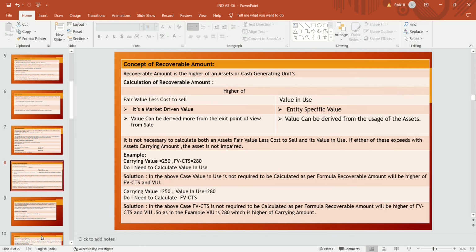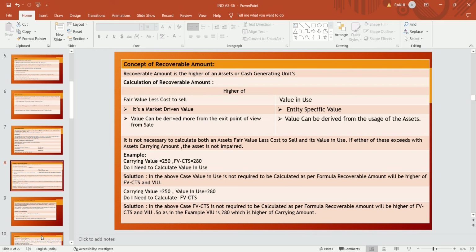Now the concept of recoverable amount. We will discuss in detail what we mean by recoverable amount, what we mean by fair value less cost to sell, and what we mean by value in use, so it is clearer how we will determine the recoverable amount.